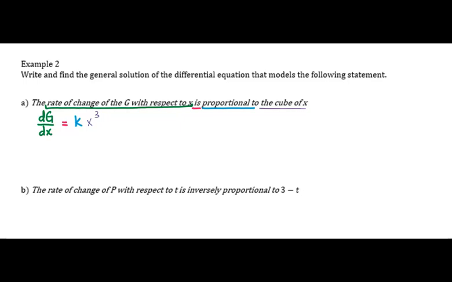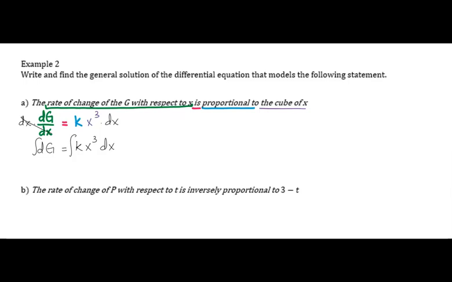So now we want to solve this differential equation. We're going to separate variables, so I'm going to multiply both sides of this equation by dx so that cancels, leaving me with dg is equal to kx cubed dx. Then I will integrate both sides of this equation.